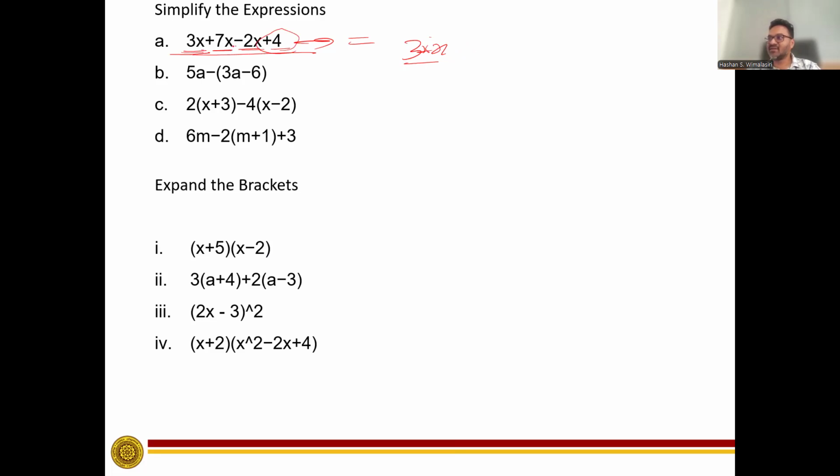So 3 plus 7 is 10, 10 minus 2x means 8x, plus 4. 8x plus 4.